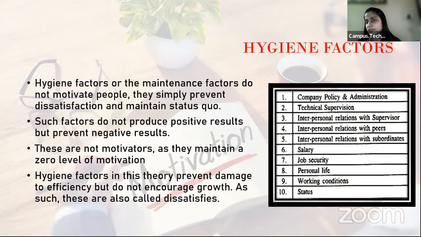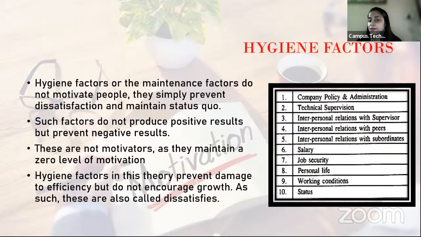If we maintain good interpersonal relations with the superiors, peers, and subordinates, we build a good working environment. We work there happily. So it is very important to have good interpersonal relations.